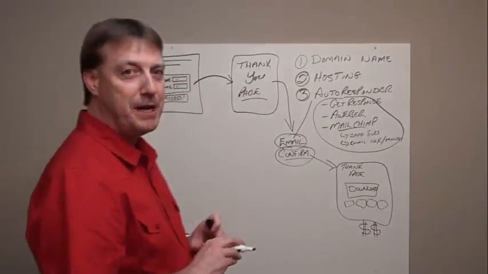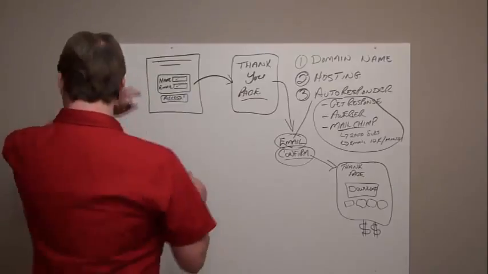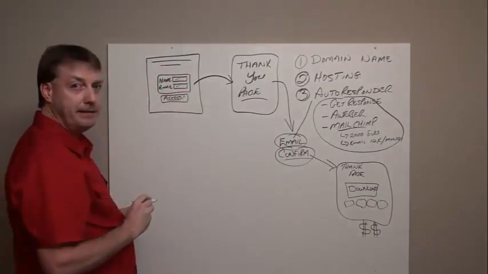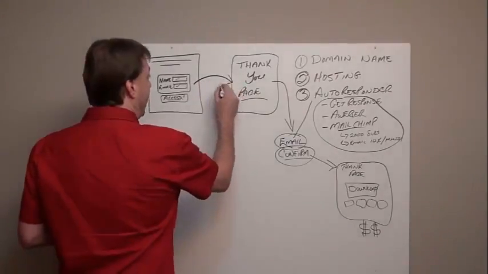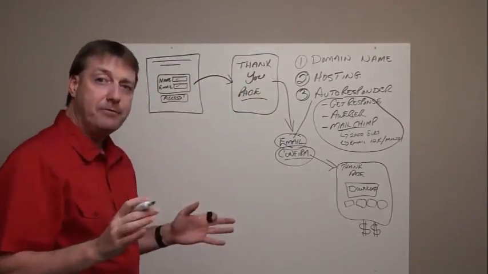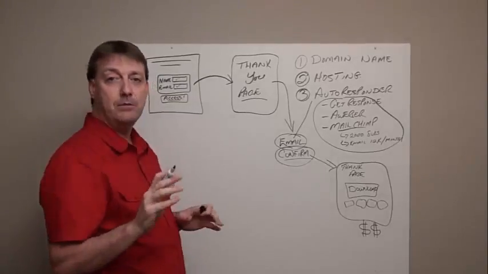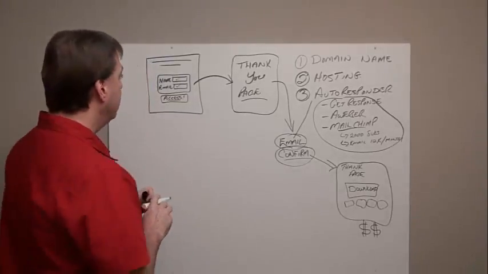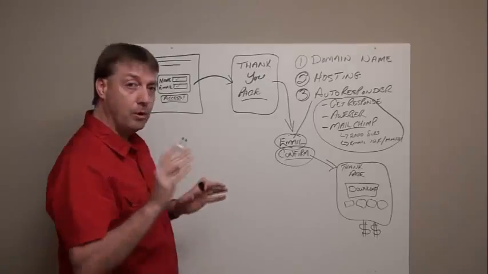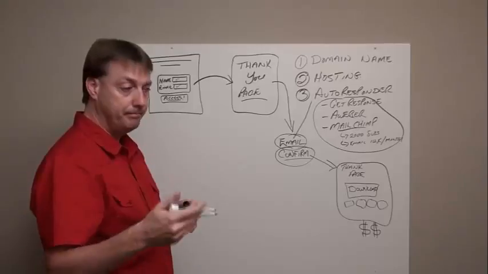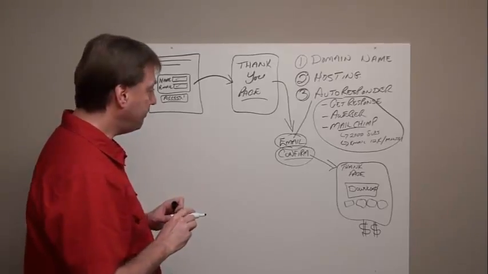So imagine you're doing a double opt-in process. Subscriber comes and enters a name, an email address, clicks the access button, goes to the thank you page that tells them that they have to go to their email program in order to download the product. But only 50% or less actually go to their email address to actually confirm.